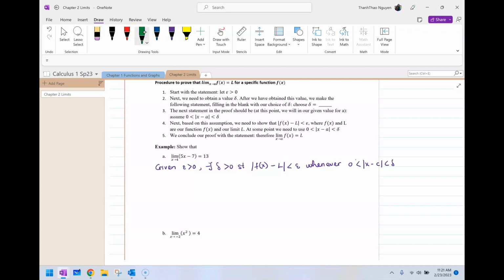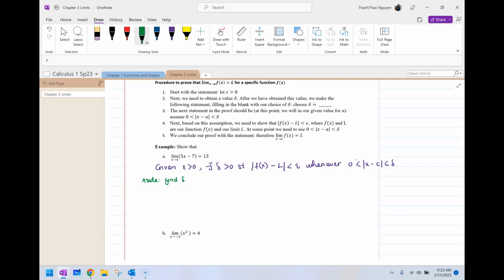The next thing we need to do is find delta. This is not included in our official proof. This is an assignment, and I want to actually write it down. We'll find the delta that works.